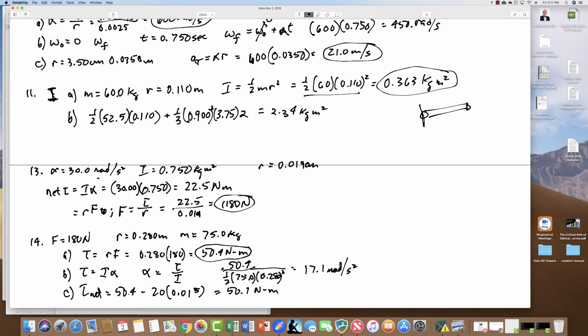And then if you put 50.1 in here, replacing 50.4, then you get a new acceleration of 17.0. So it doesn't have an appreciable effect on the angular acceleration.